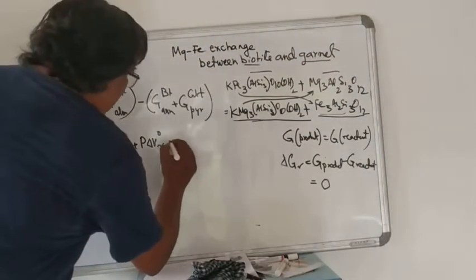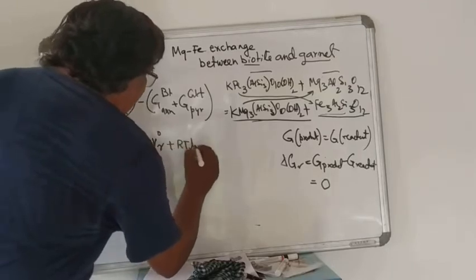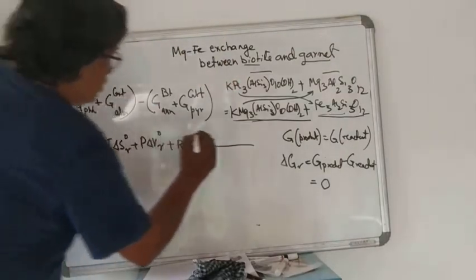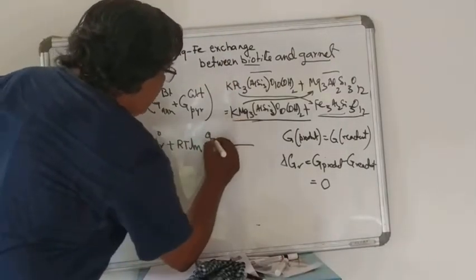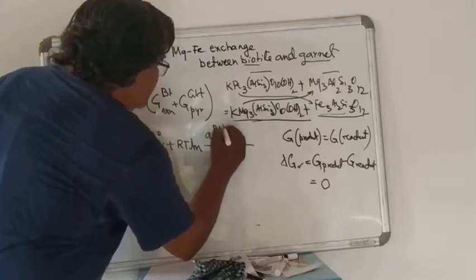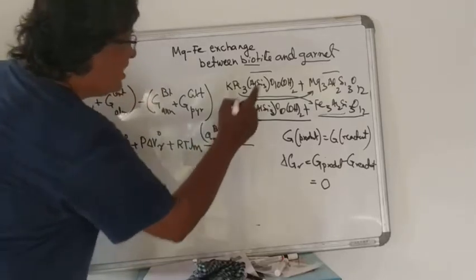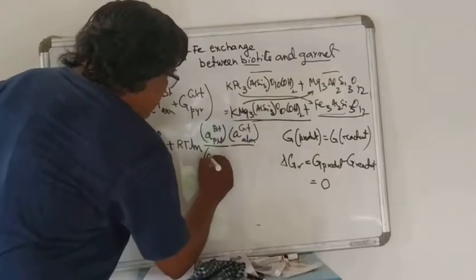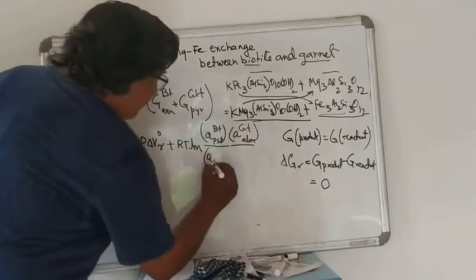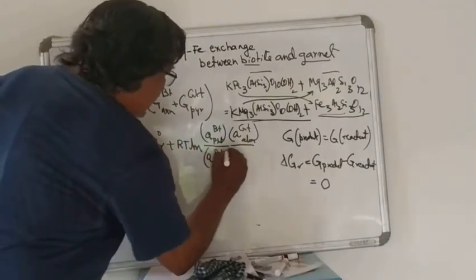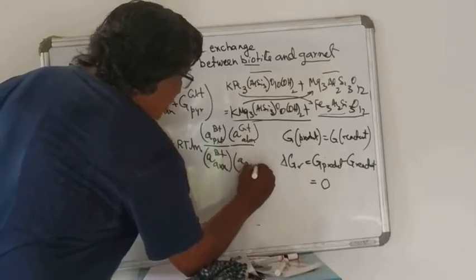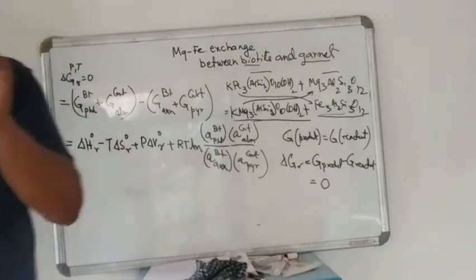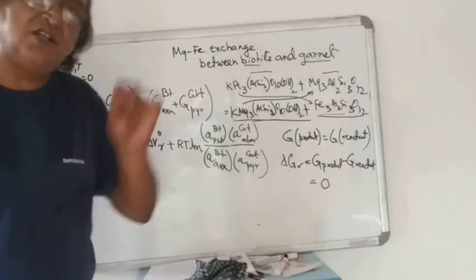So then we write plus RT ln, on top will come the products: activity of phlogopite in biotite into activity of almandine in garnet, divided by activity of annite in biotite into activity of pyrope in garnet. This will be the equation of state for the reaction.